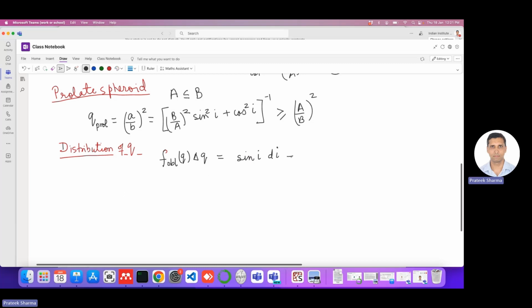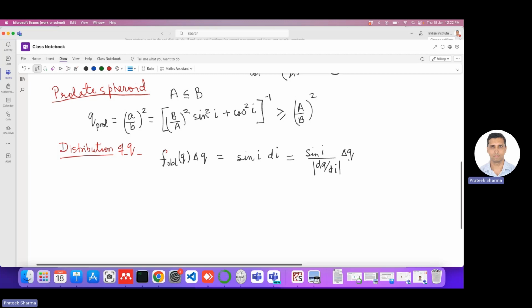And so we know Q is just a function of I, right? You can actually see for a given B by A, Q and I are functions of each other. Essentially, you can go from one variable to the other. So this is nothing but sine I times the magnitude of dq by dI, times delta q, right?